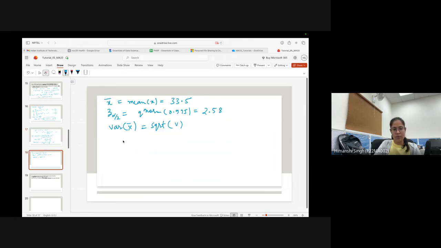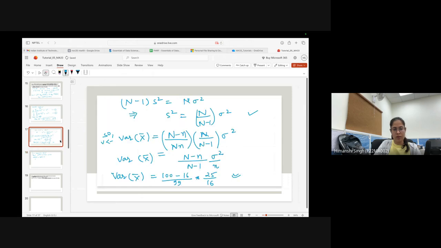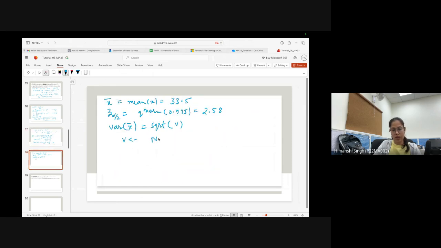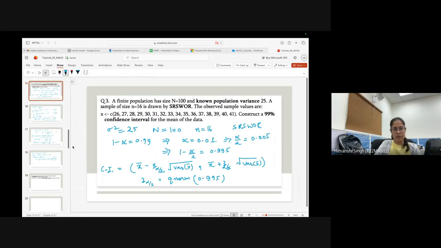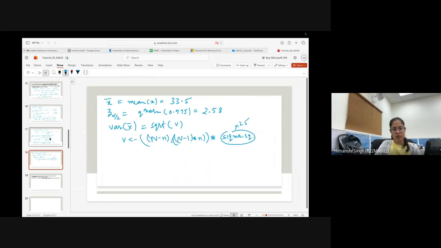So V will be (N minus n) divided by (N minus 1), times sigma square divided by n. In place of sigma square, you can also write 25, which is the sigma square value. Fine. So this will be calculated.